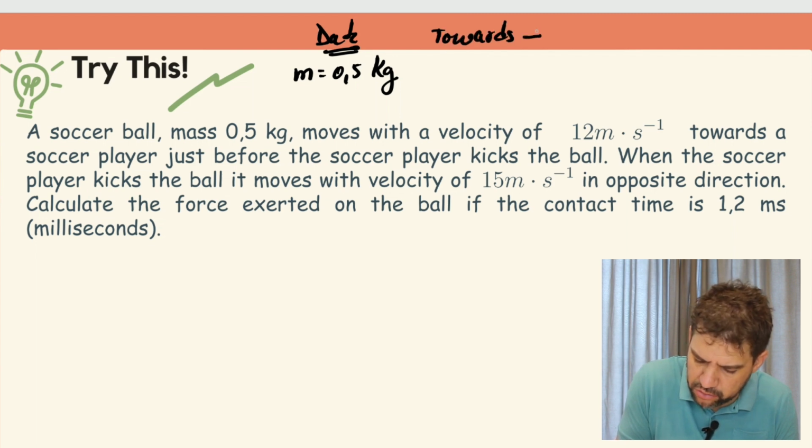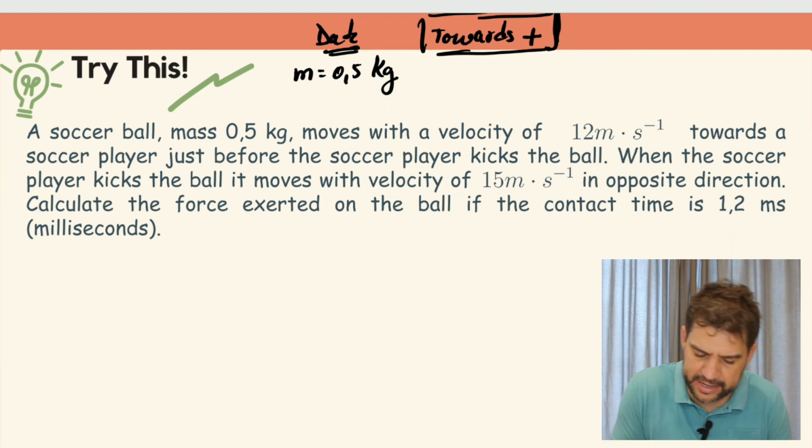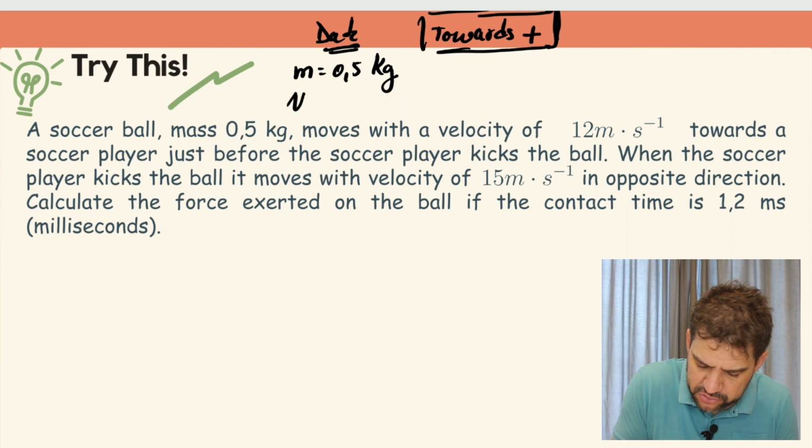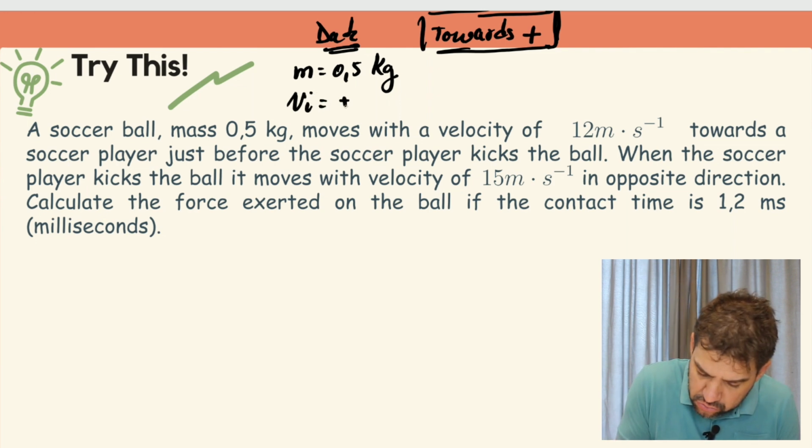Towards is going to be positive for us. Everything that is a vector quantity and is moving towards will be positive, and everything that is moving away will be negative.